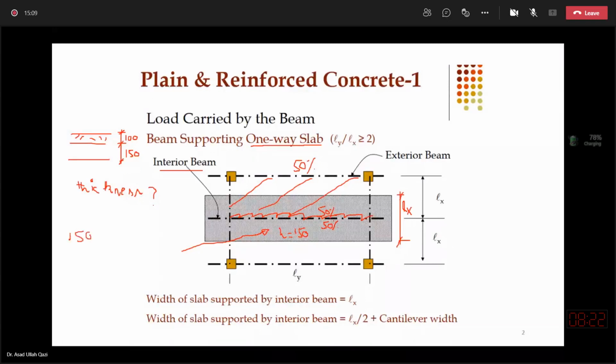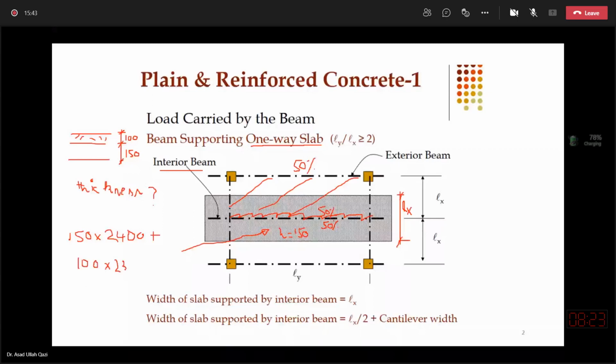For example, for reinforced concrete we will use a density of 2400 kg per meter cube. And for PCC or the floor finish, a good selection will be that we might consider the density around 2300 kg per meter cube.